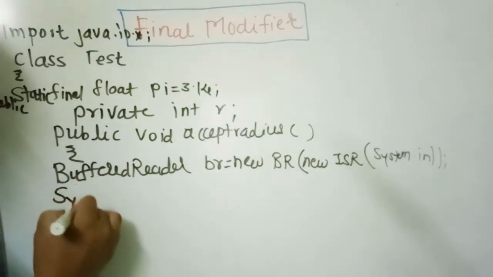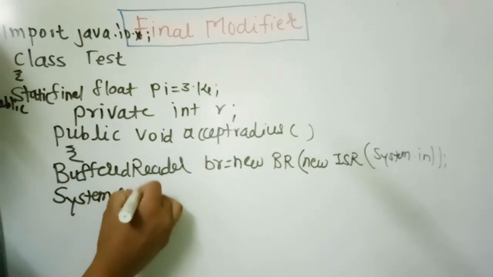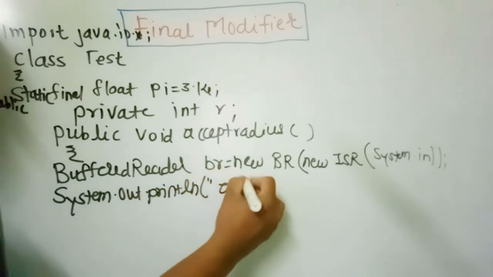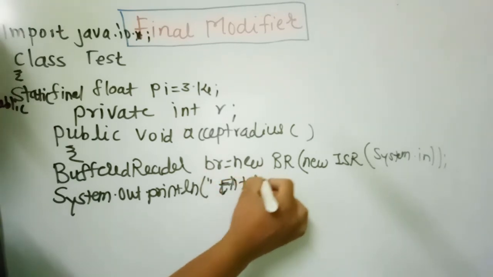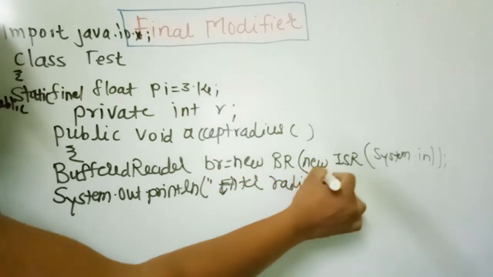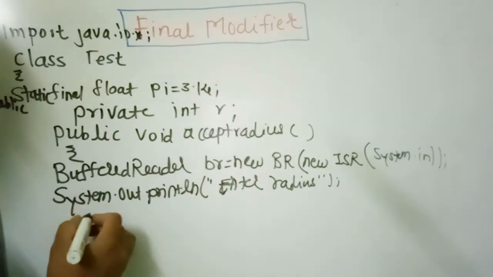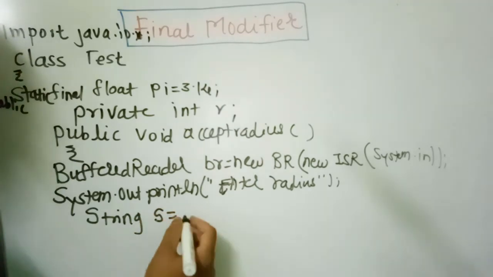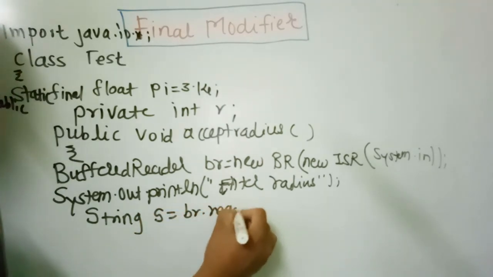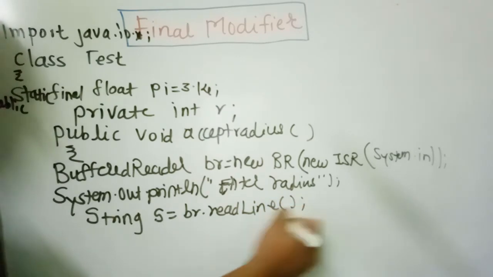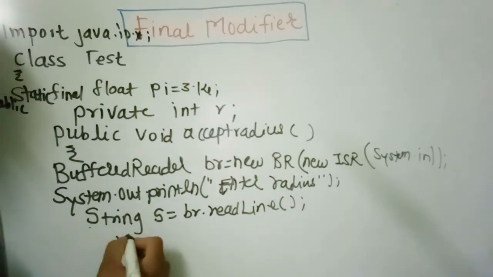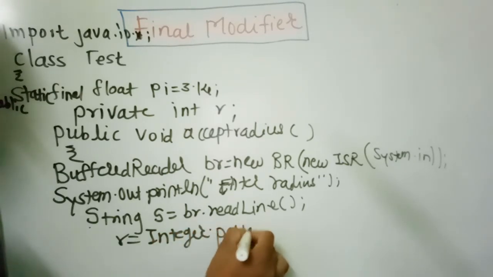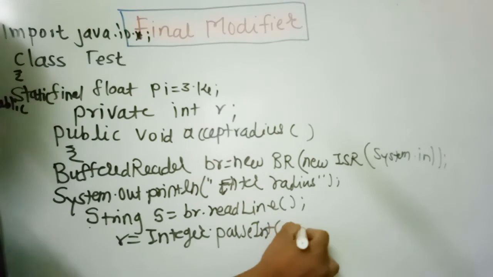Now we will simply pass a message to the user, that is System.out.println("Enter the radius"). Now we will accept the radius by the regular mechanism: first accept it as a string and then parse it to an integer. So r equals Integer.parseInt(s).